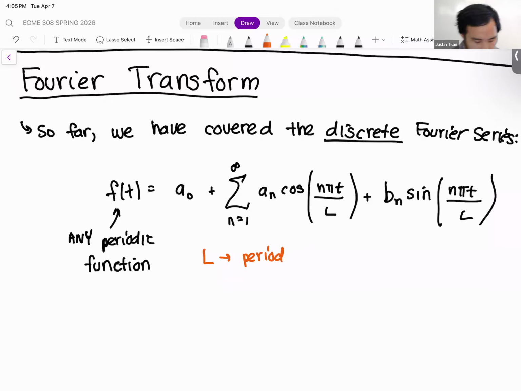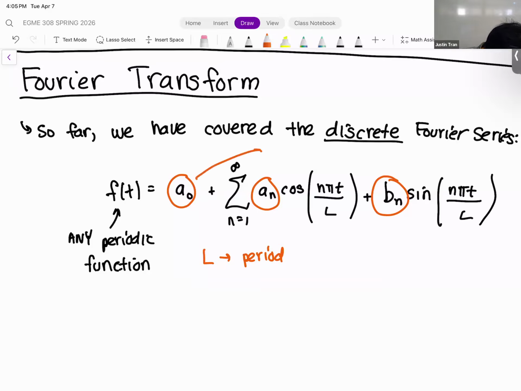And these coefficients, a0, an, bn, we call the Fourier series coefficients. A lot of times when you're doing your Fourier series problems, we're interested in the values of those coefficients. So if you haven't had a chance to start homework 5 yet, you'll get a lot of practice and familiarity with computing those coefficients.